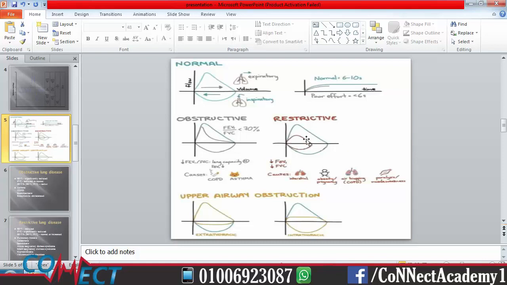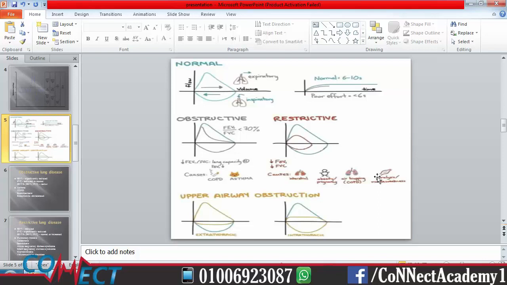The causes of restrictive pattern: pulmonary causes, any disruption of the alveolo-capillary membrane like in fibrosis, and pleural disease, and other conditions which are extrapulmonary, such as neuromuscular disorders, skeletal disorders.